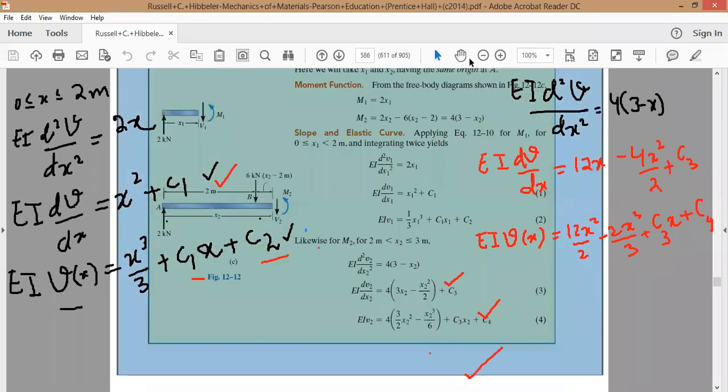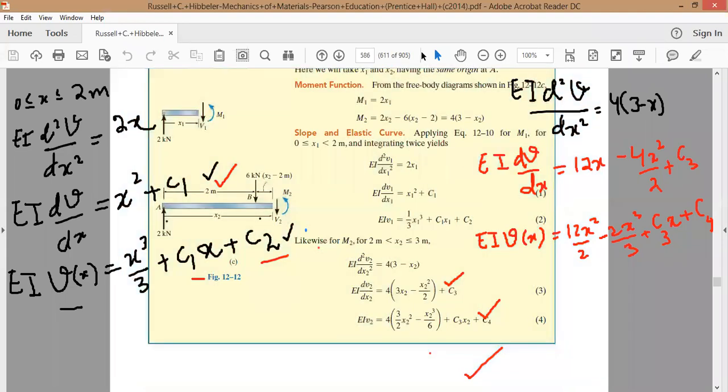So we have these four equations, and we have to solve all of them to obtain the values of the constants. So what we'll be doing is clearing all this, because whatever we have written on the screen is already here.